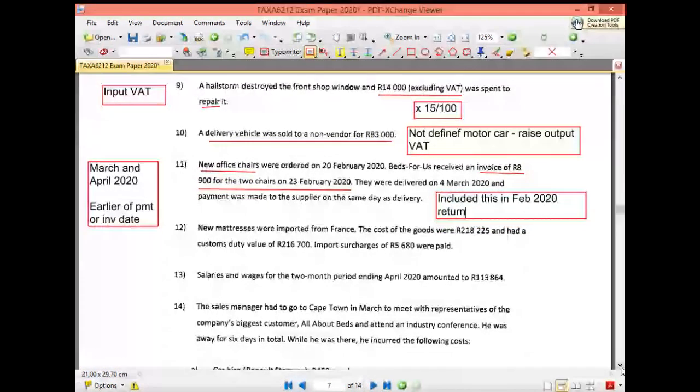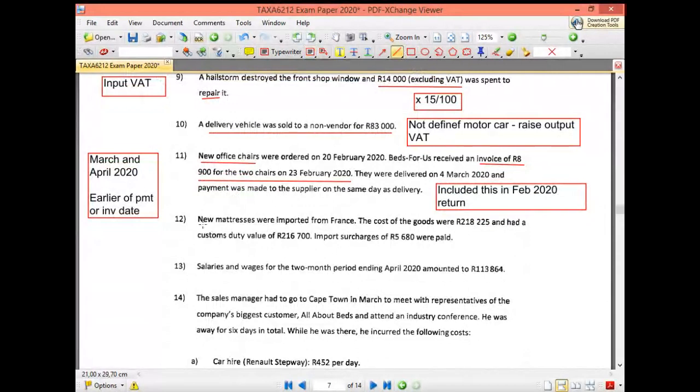Okay, then we've got new mattresses were imported from France. Now remember, if we import something, you need to remember, is it from our BLNS countries? Yes or no? Now, France is not part of Botswana, Lesotho, Namibia, or Swaziland. So that means we have to add an additional 10% to the custom duty value when we work out the 15%. So how do we work it out?